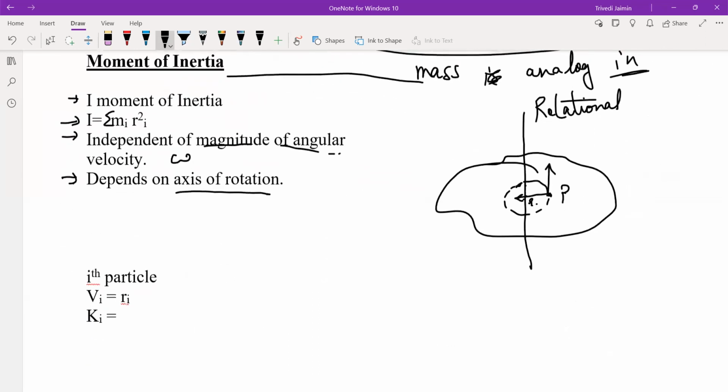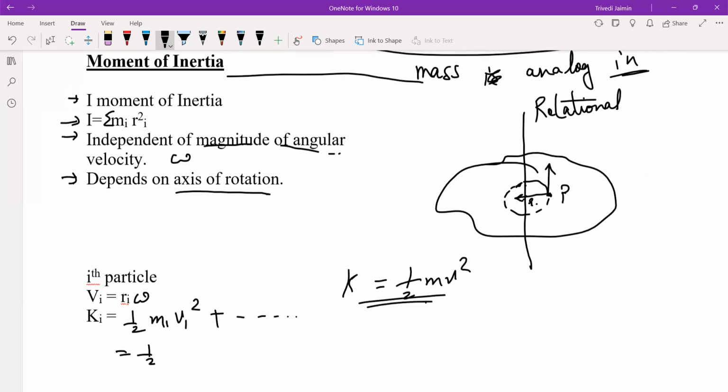So for the ith particle, v equals Ri omega. So what is the kinetic energy? Half mv square. For the first particle, half m1 v1 square, and for the ith particle, and we sum all of them, same manner as we did.